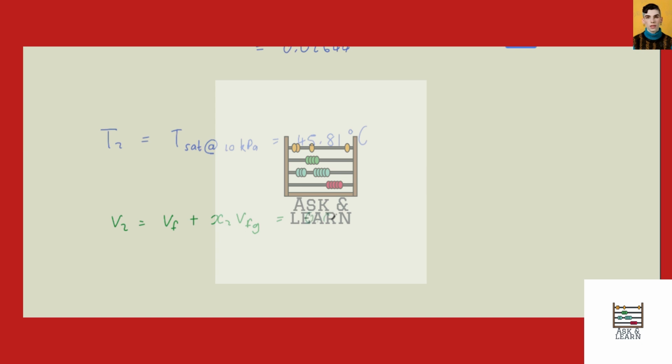So this is 0.001010 plus x2, which is 0.02644, multiplied by vfg, which is 14.670, vg minus vf, which is 0.001010.